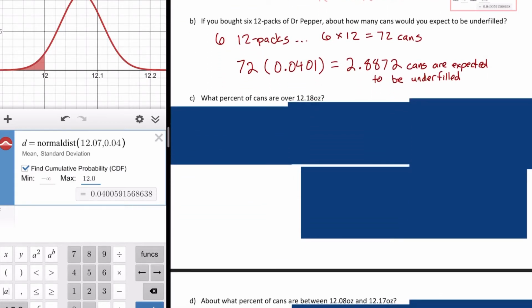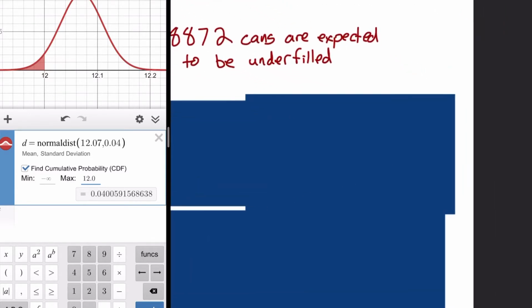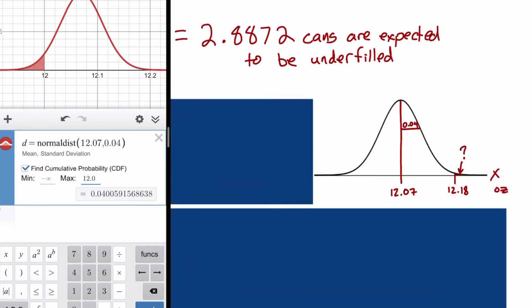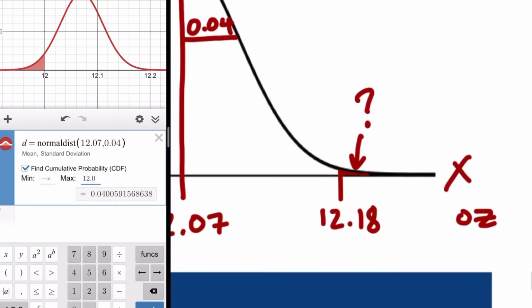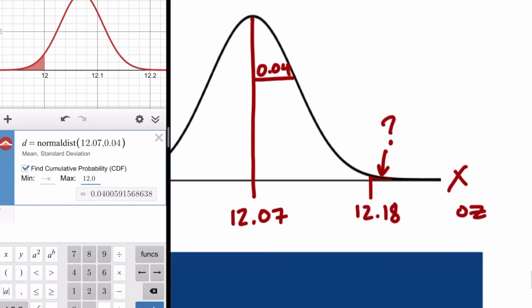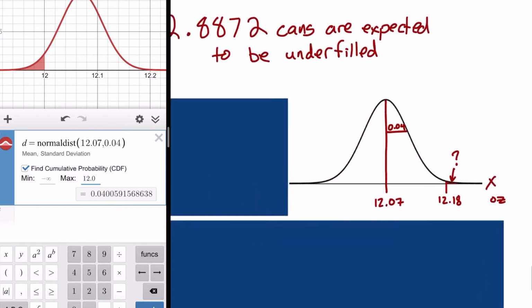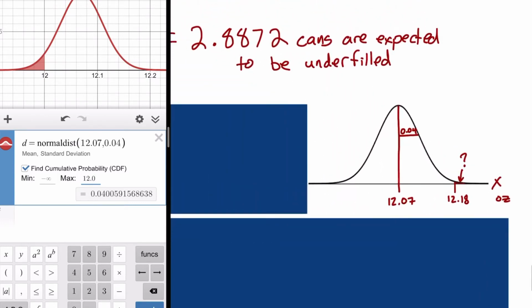So as always, let's start with our picture. So here we have our mean of 12.07, standard deviation 0.04, and way over here we have our 12.18. It's almost even, you almost can't even see it, but there's a little bit of shading right above 12.18. I got this number because I knew that if I go up 0.04, we're at 12.11.